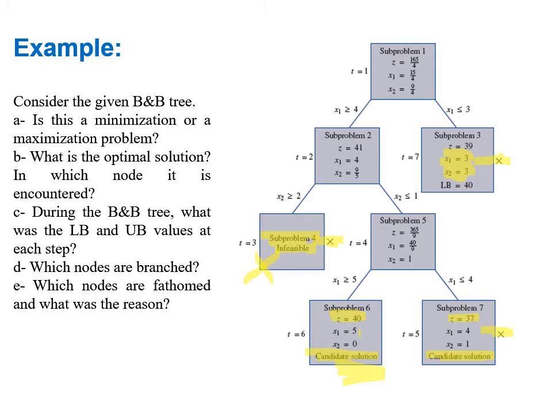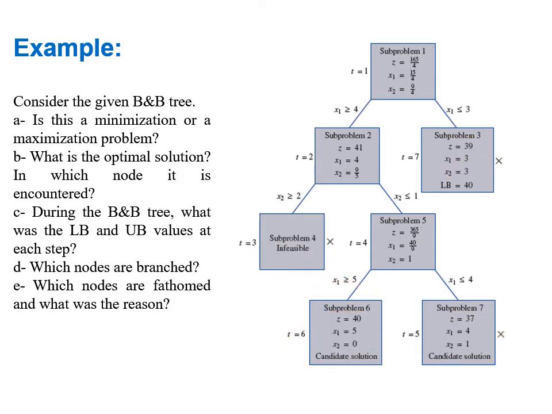This one has an objective value of 37 and this one has 39. Among these, the maximum is given by this node. So this is the branch where we encounter the optimum solution, the optimum objective function value is 40, and the decision variable values are 5 and 0.